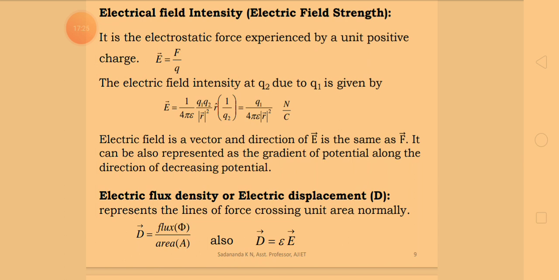Suppose if phi is the flux and A is the area, then the expression for electric flux density is D equal to phi by A. In case the flux lines are inclined by an angle theta to the normal, then the vector D can be written as flux divided by open bracket area into cos theta.